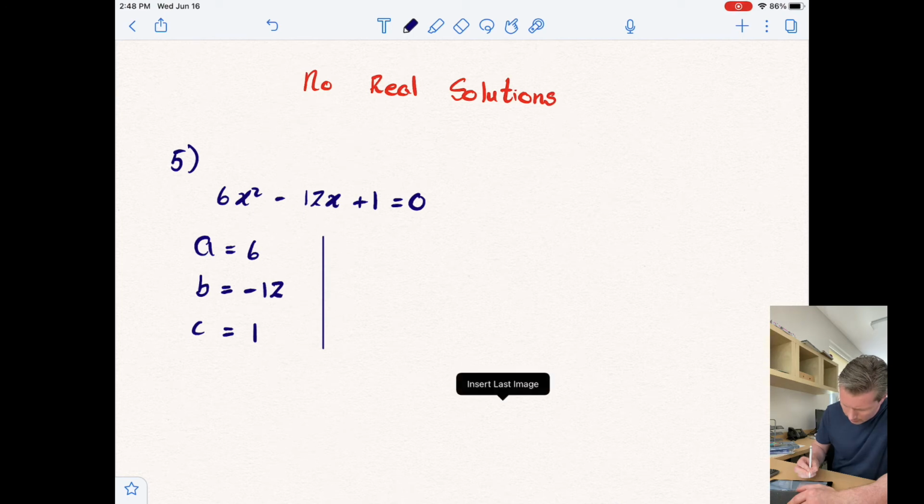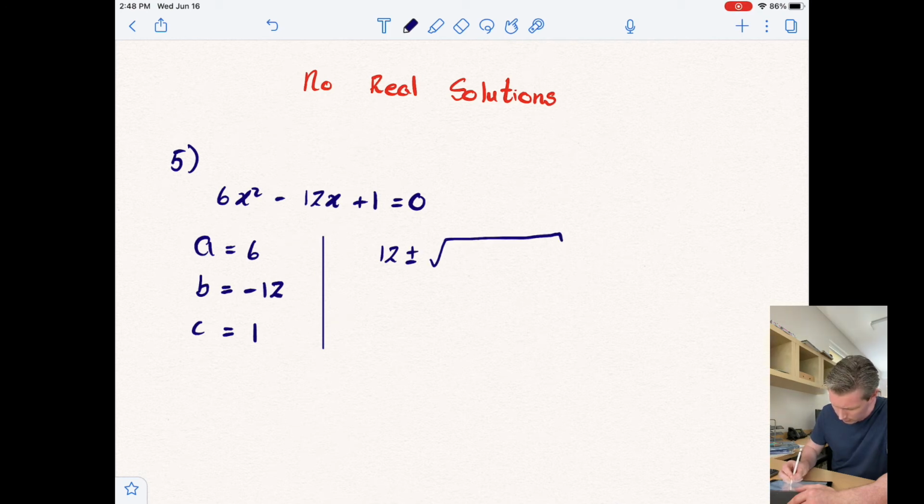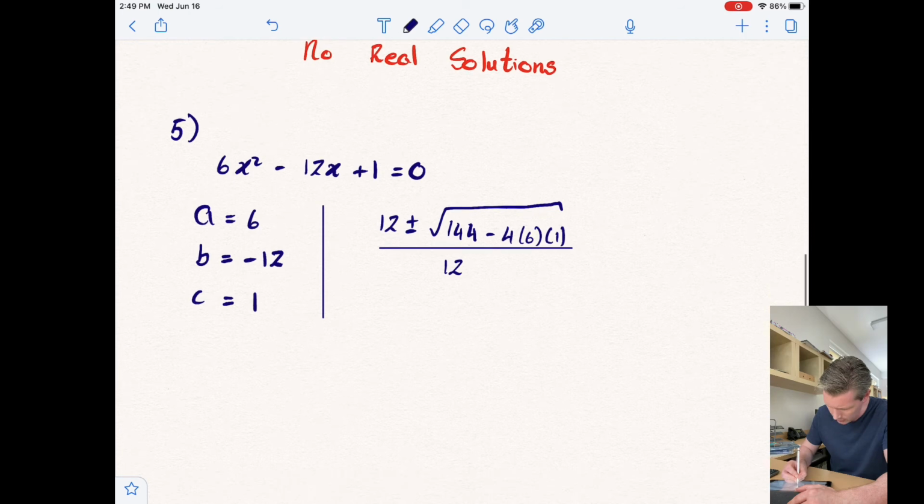All right, plugging them into minus b, I will get minus negative 12, that's plus 12, plus or minus the square root of b squared, minus 12 squared, that's 144, positive of course, minus 4 times 6 times 1. 4ac is 4 times 6 times 1, and that all over 2a, that's 2 times 6, that's 12.